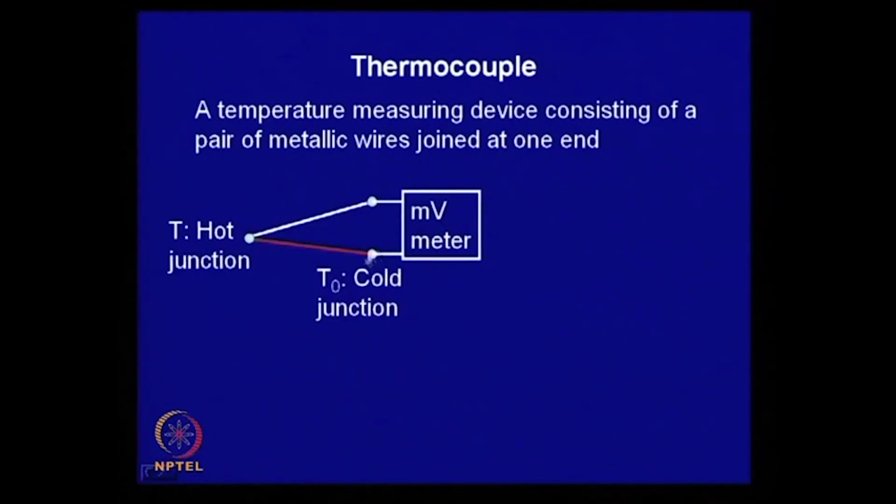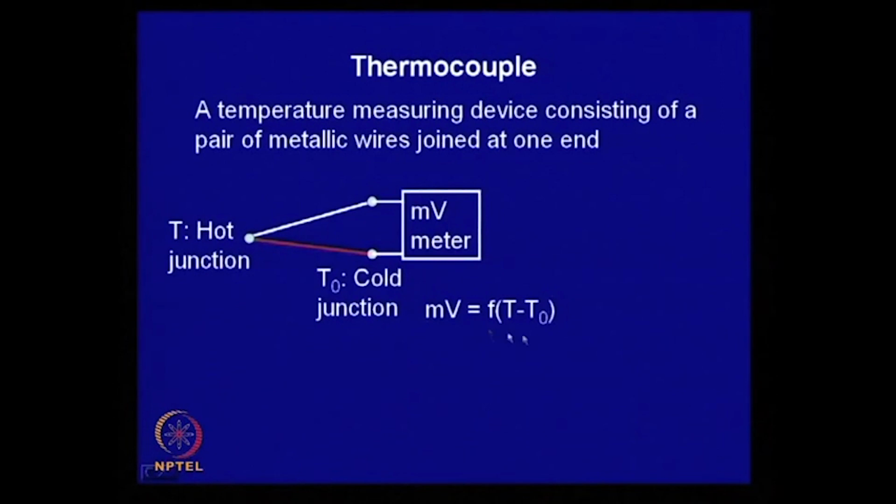We will find that depending on the magnitude of this temperature, we get a particular millivolt reading in the meter, and this is a very convenient device for measuring temperature. The millivolt that we get is a function of the temperature difference, that is, the temperature of the hot junction minus the temperature of the cold junction.